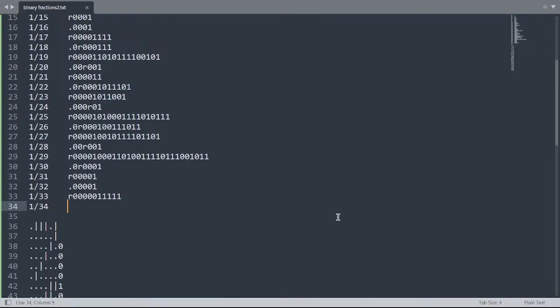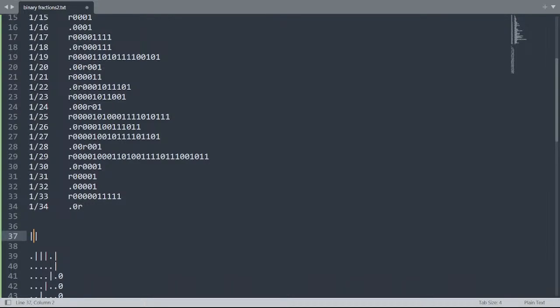So 1/34th, that is 0.0 rep 1. Hold on. What's half of 1/34th? One way you can figure out is by division. So what's 34 in binary? Well, it's 32 plus 2.